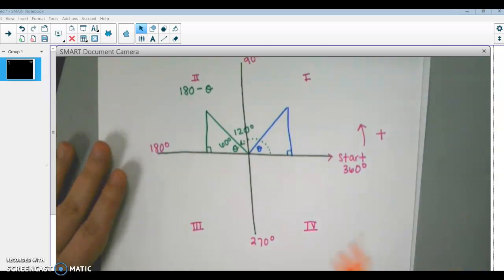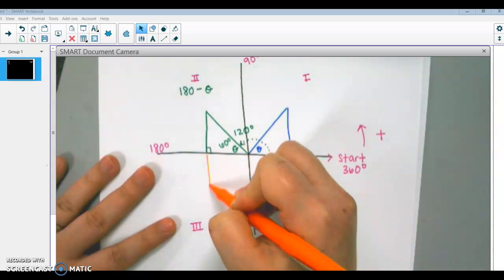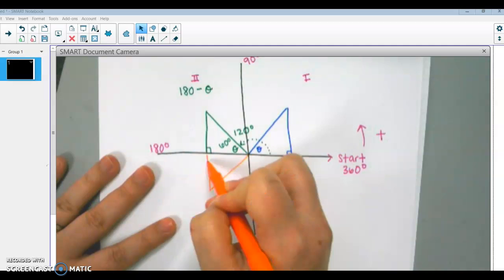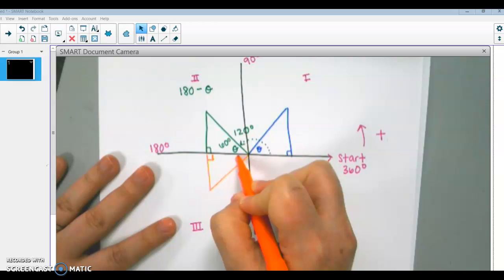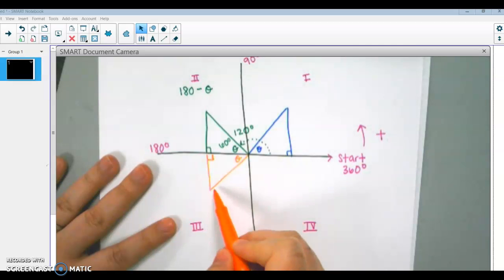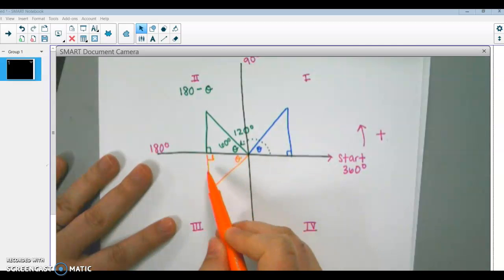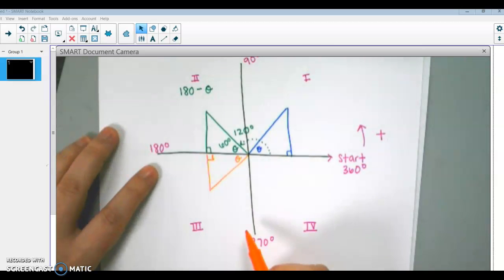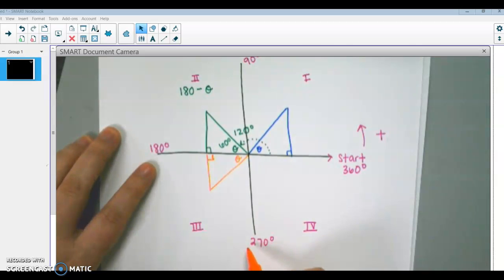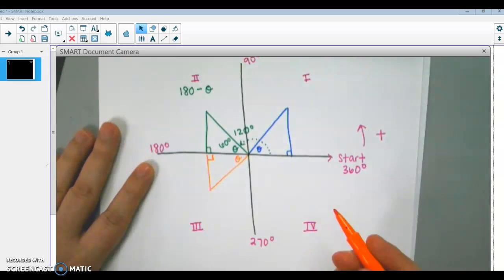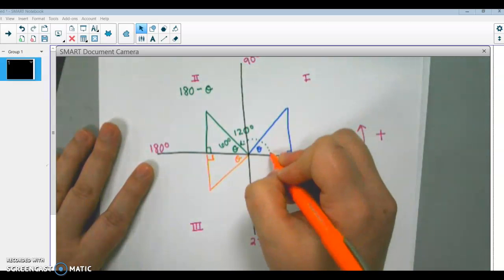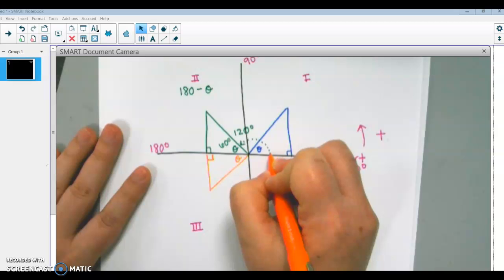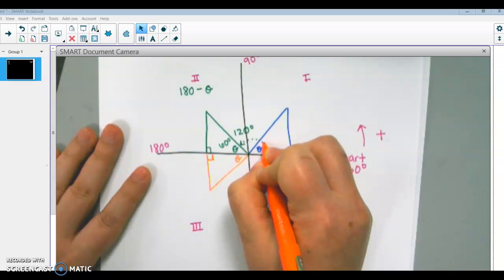All right, in quadrant 3, again, your triangle should have a leg on the x-axis. So this is what your triangle will end up looking like in quadrant 3. Quadrant 3 will be all the angles between 180 and 270. So I think one of the examples that we did in class was 225.